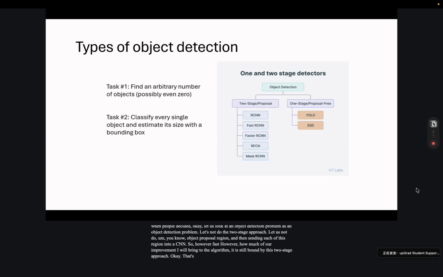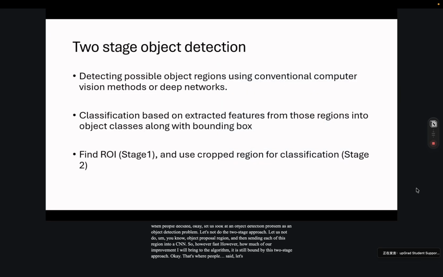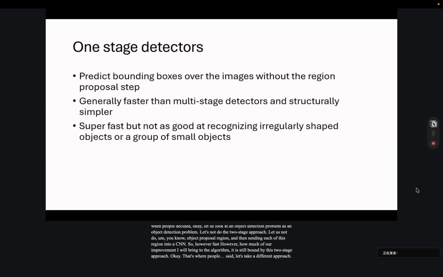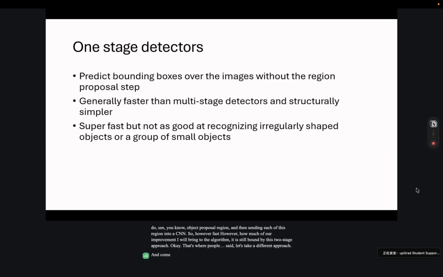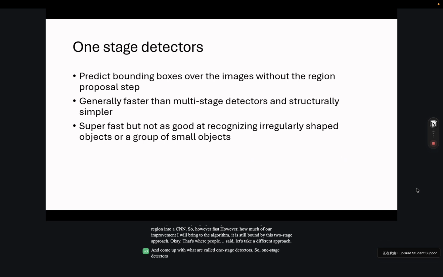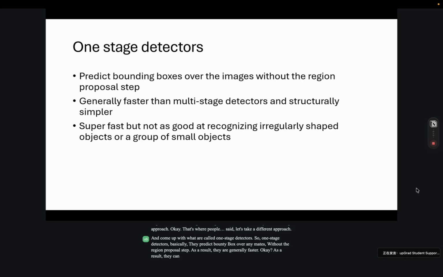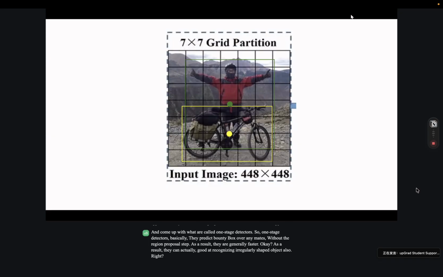That's when people said, let's take a different approach and come up with what are called one-stage detectors. One-stage detectors basically predict bounding boxes over an image without the region proposal step. As a result, they are generally faster. They can also be good at recognizing irregularly shaped objects. Right. And that was the YOLO algorithm.